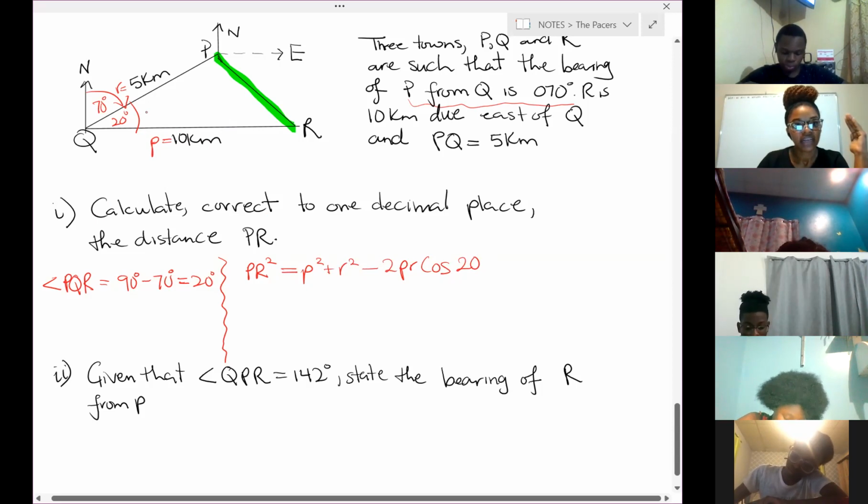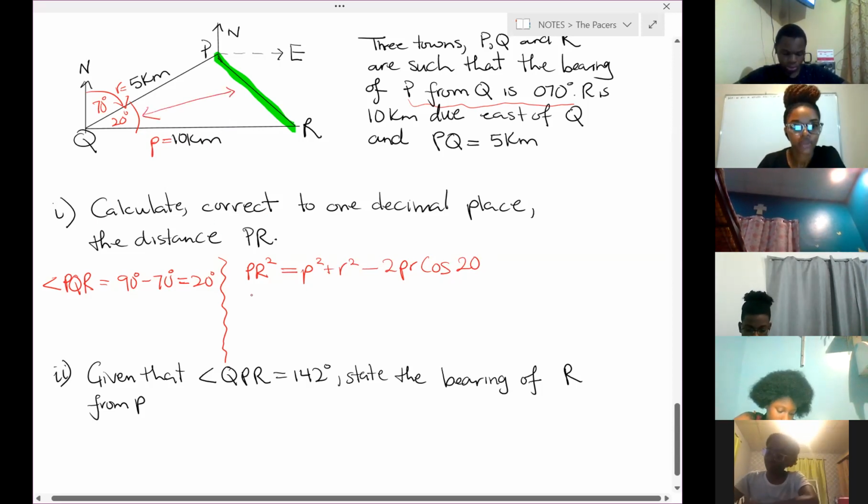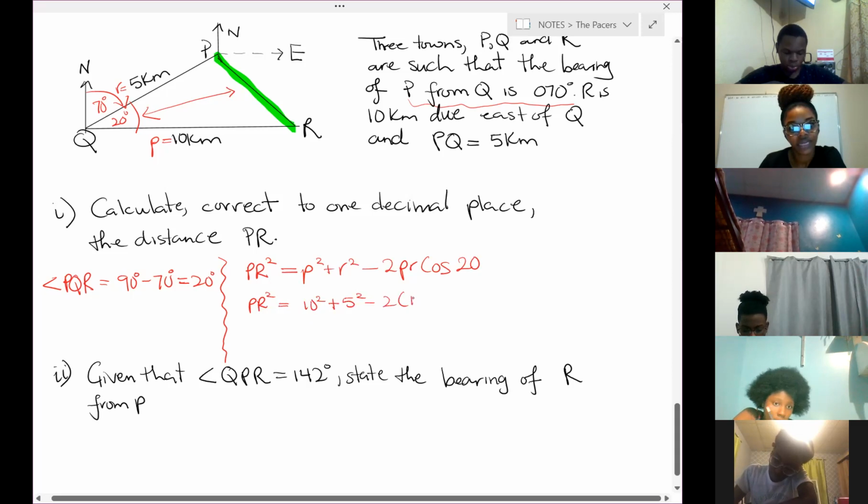This line and this angle must match up, right? So PR squared is equal to 10 squared plus 5 squared minus 2 by 10 by 5 by cosine 20. What's the final answer for PR squared?